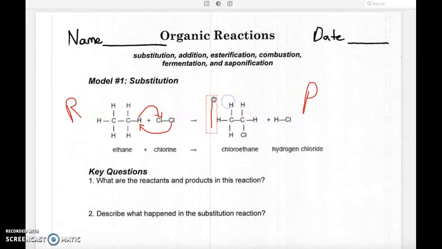So this is now an organic compound. And if we look at table R, we would notice because it has this chlorine right here, it's a halide, right? So in a substitution reaction, one of our reactants goes ahead and replaces a hydrogen in the hydrocarbon.